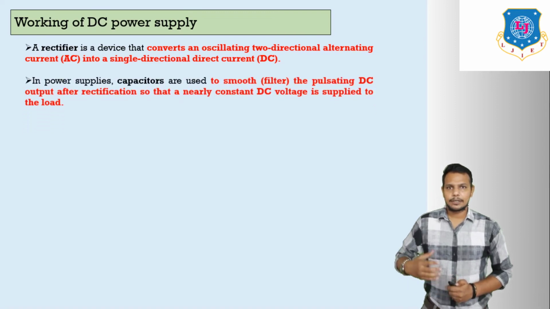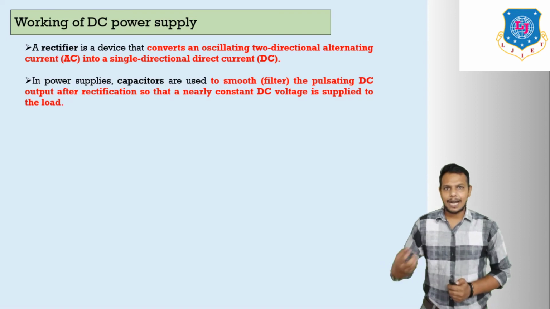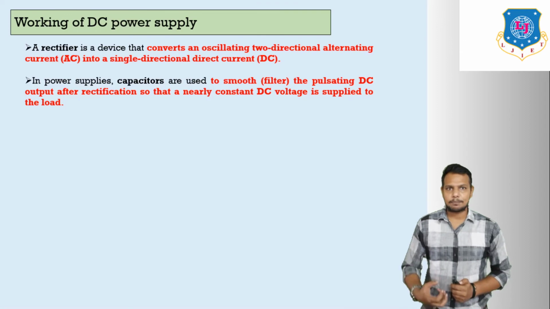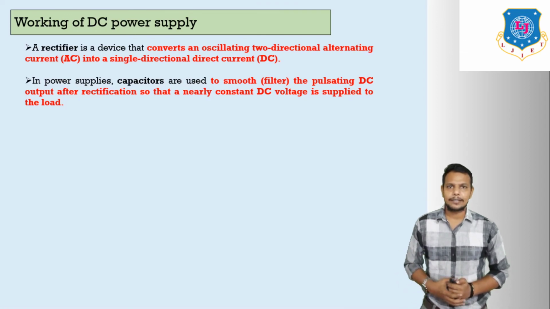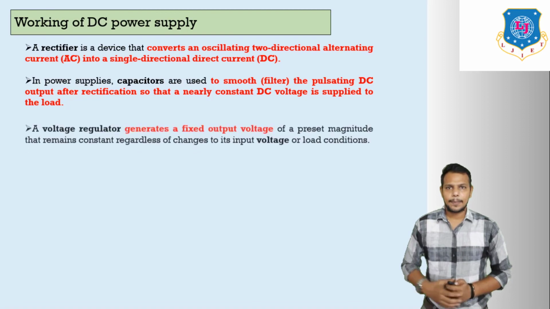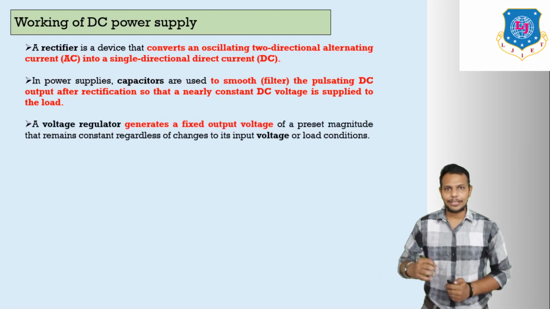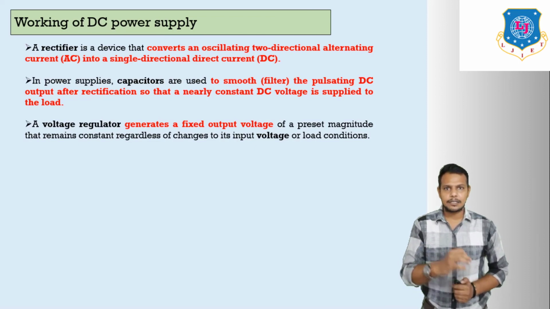Then after, a capacitor is used across the RL to smooth, or we can say filter, the pulsating DC output after rectification, so that a nearly constant DC voltage is supplied to the load. And the voltage regulator generates a fixed output voltage of a preset magnitude that remains constant regardless of changes to its input voltage.